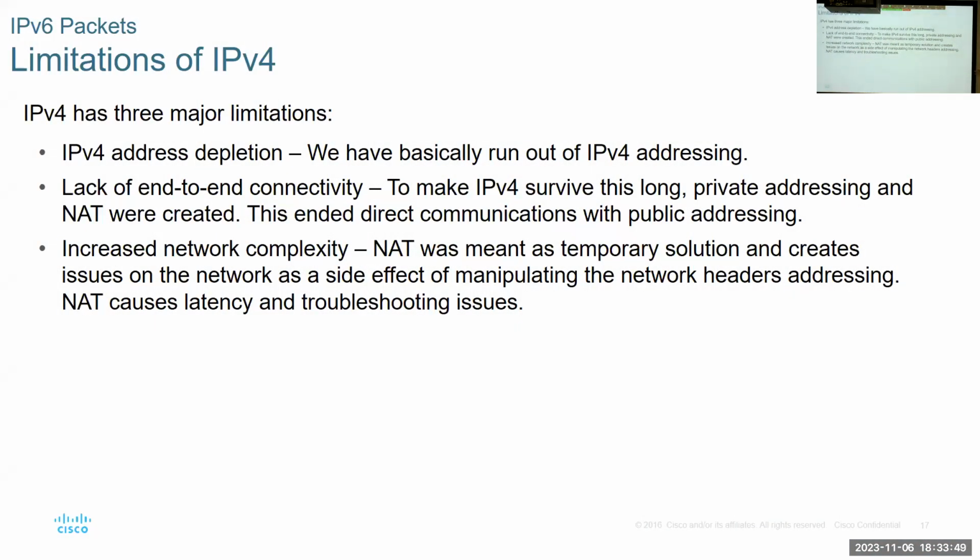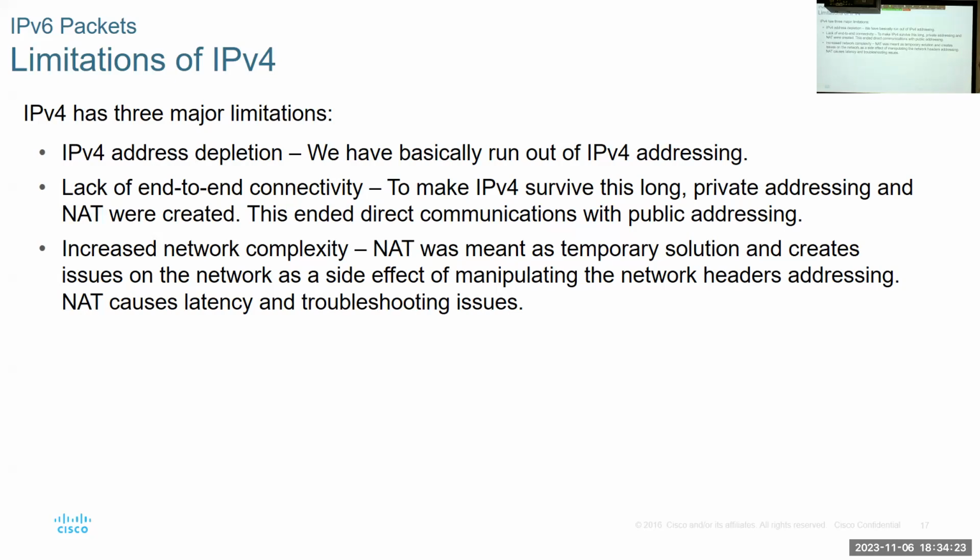So we know some of the limitations of IPv4 addresses. Lack of end-to-end connectivity. Again, that talks about NAT. There's almost no communication directly between two devices on the internet, a host, like a client device, and a server, because just about every situation is using a private IP address for the host device.